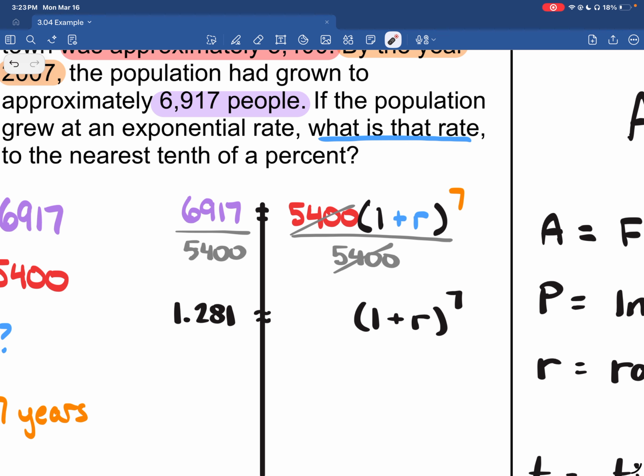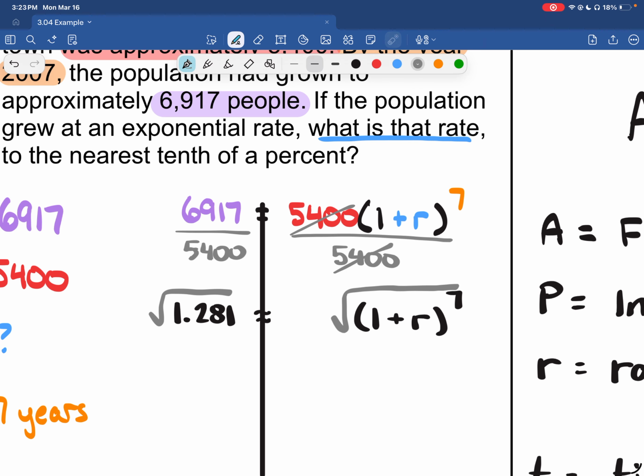Well, the same kind of logic applies here. We are going to take not just the square root of both sides, because that's not going to get rid of this 7. Instead, we are going to take the 7th root of both sides. Now, the 7th root of 1 plus r to the 7th power cancels out those 7s and just leaves me with 1 plus r.